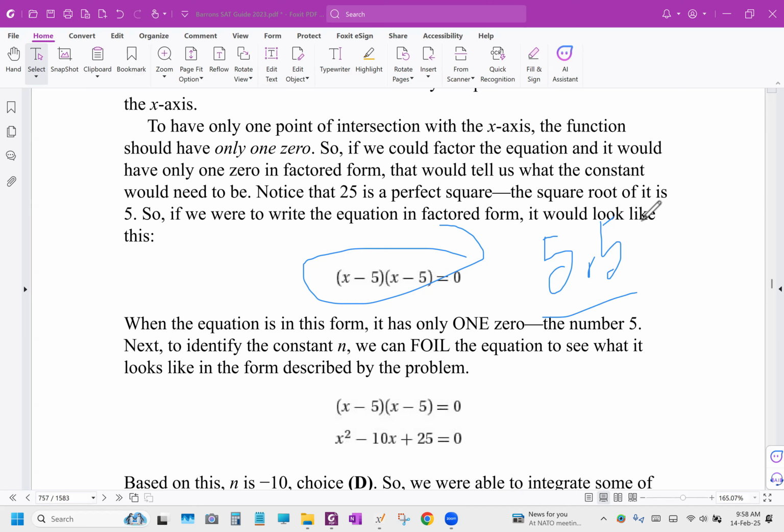They have two solutions, but basically the two solutions are the same. 5 and 5 are the same number.